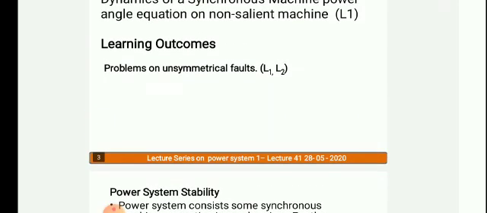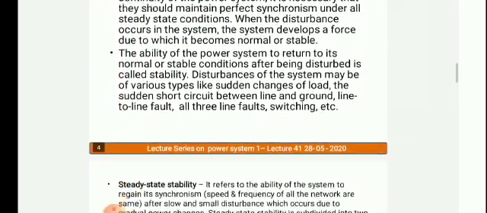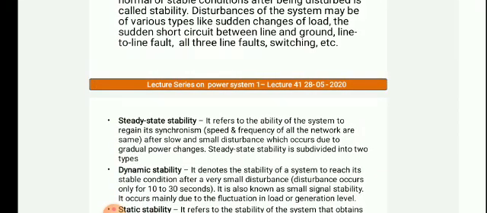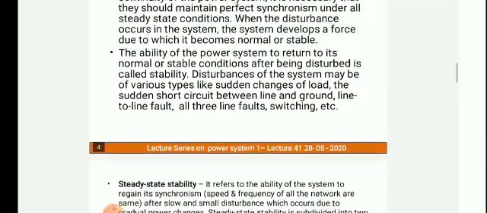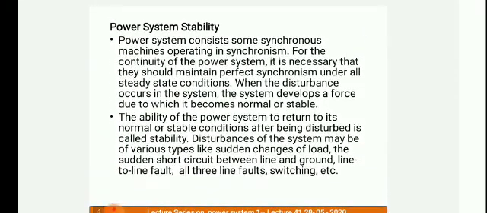In the last class, we dealt with unsymmetrical faults. And why do these faults occur? These faults occur because there is some problem, some disturbance in the system. This disturbance we call faults, and they are categorized as various types, series as well as shunt.